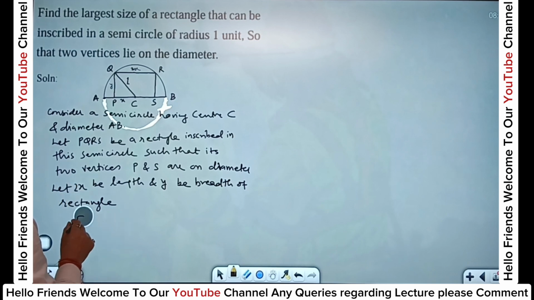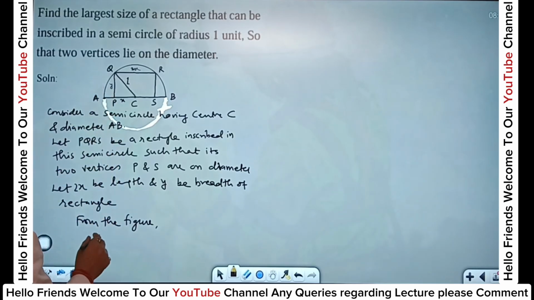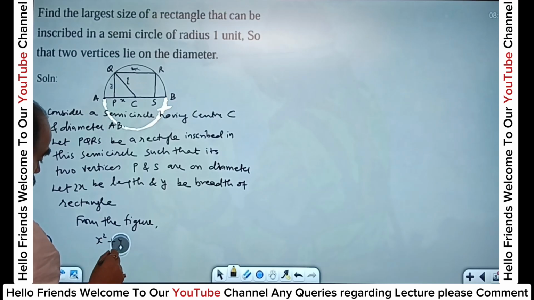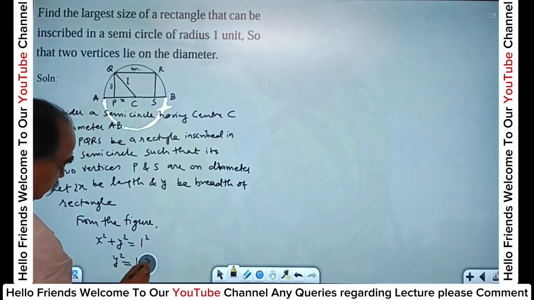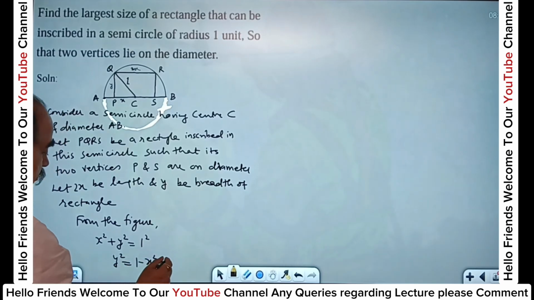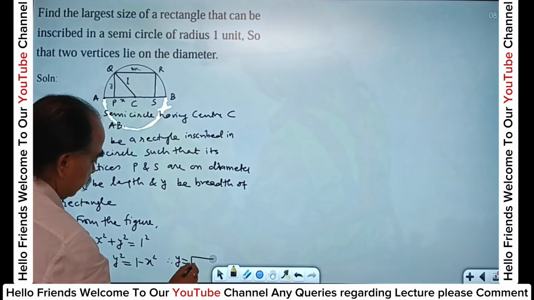From the figure, x square plus y square is 1 square. y square is 1 minus x square. Therefore, y is root of 1 minus x square.